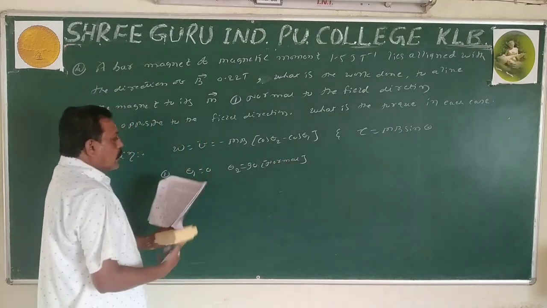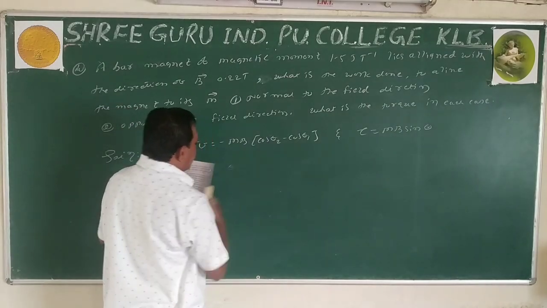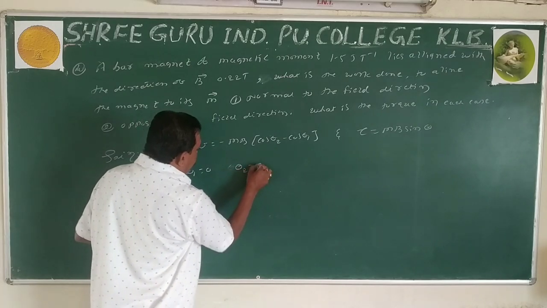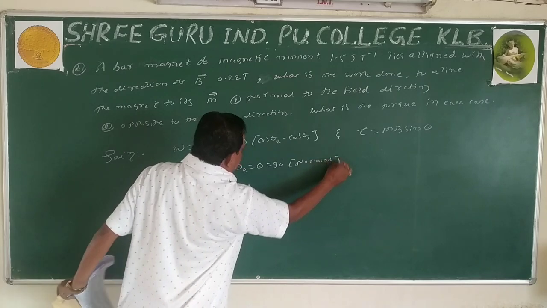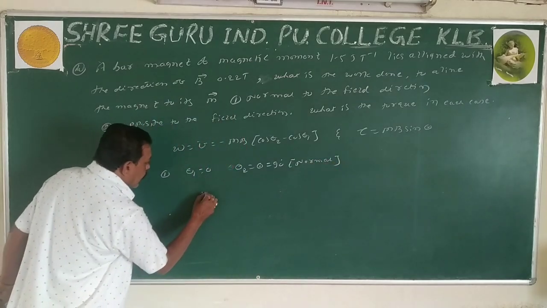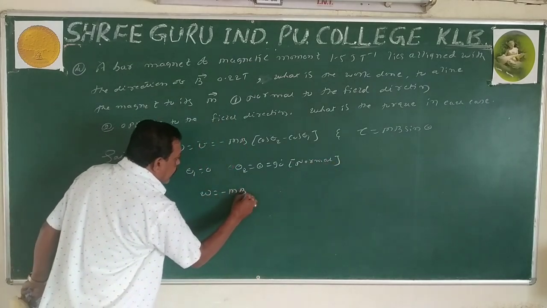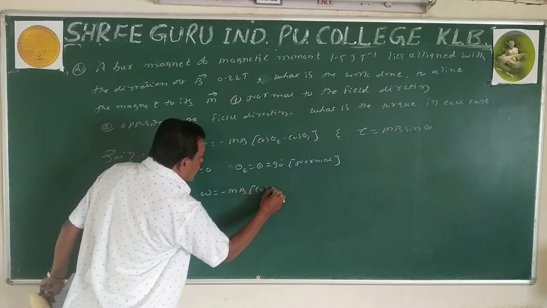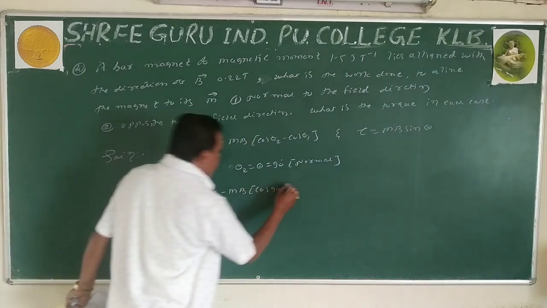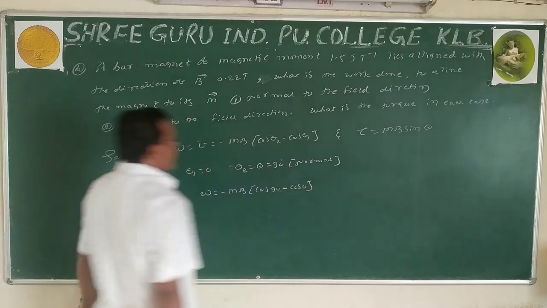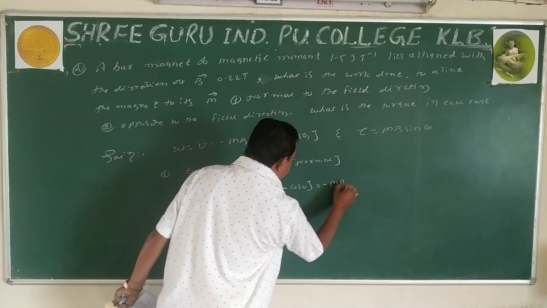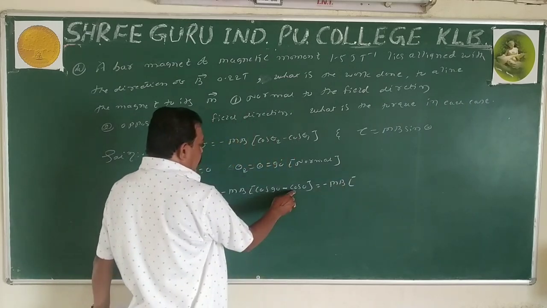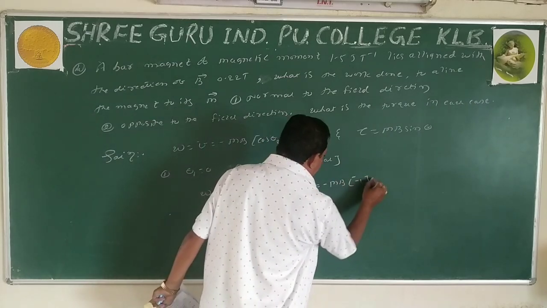Theta 2 is theta equals 90 degrees. Then work done is minus mB (cos 90 minus cos 0). Cos 90 is 0, cos 0 is 1, so minus 1 gives plus mB.